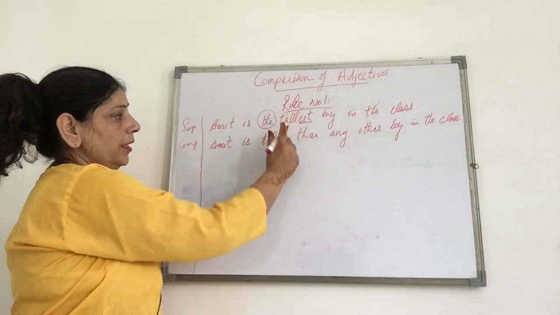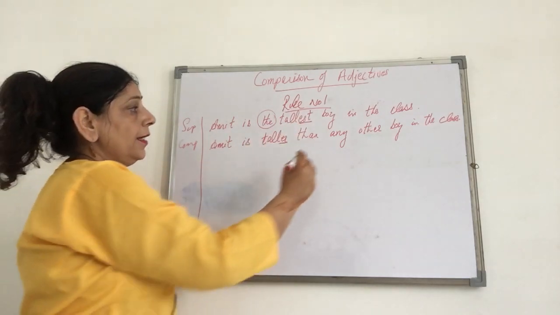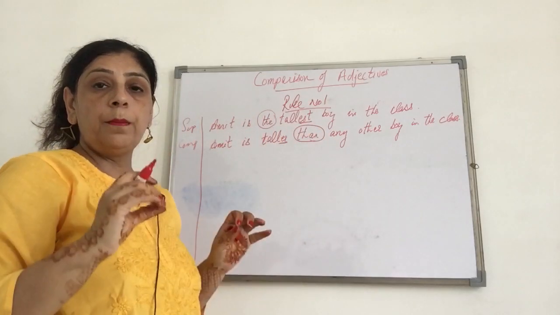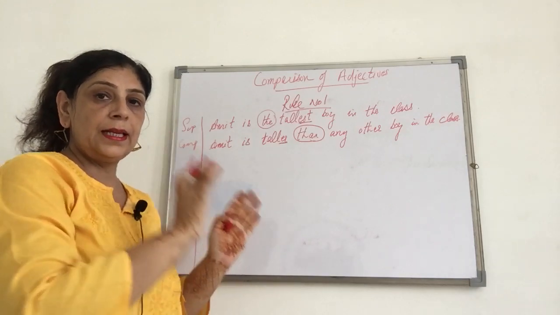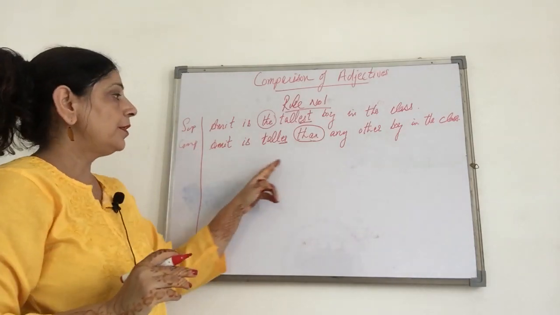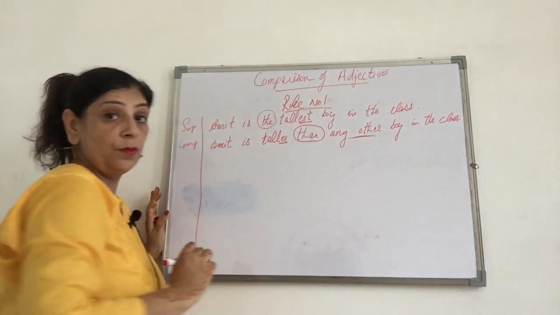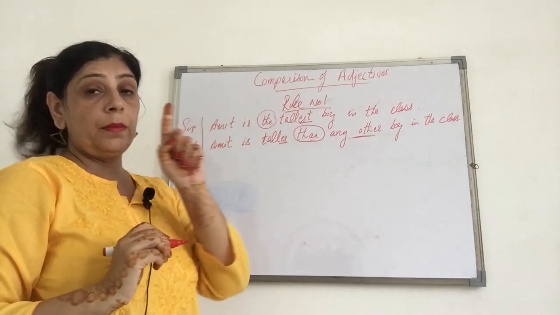Amit is taller, EST, ER. Comparative word. Than is the compulsory word of every comparative sentence. Than is comparison. So Amit is taller than any other, and than is again the compulsory word of comparative degree in rule number 1.